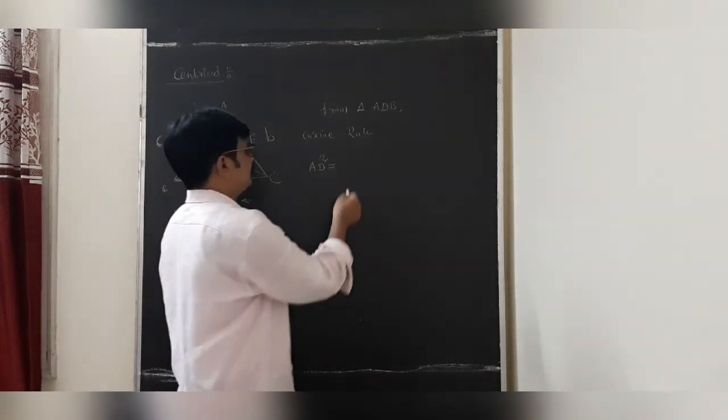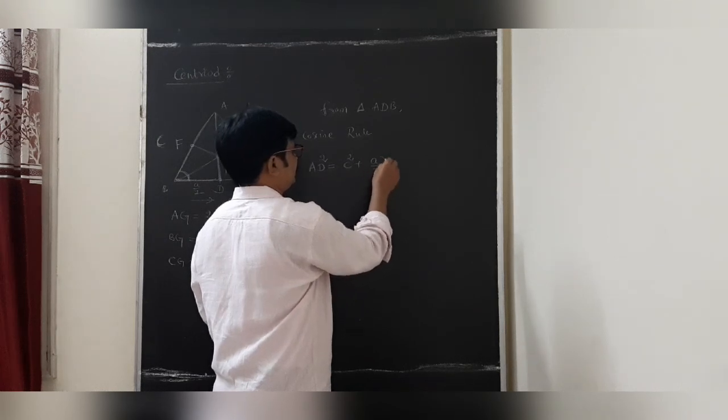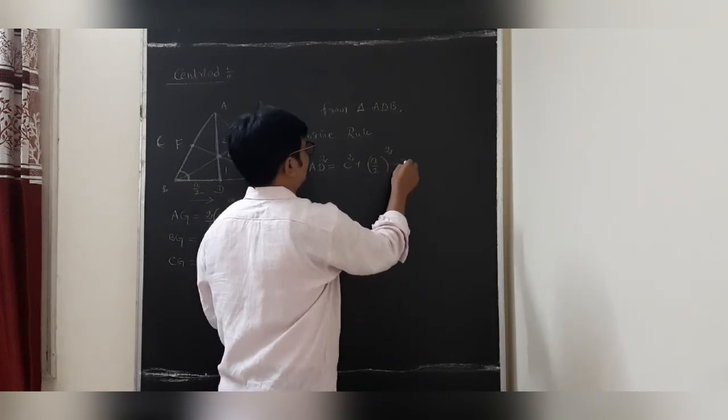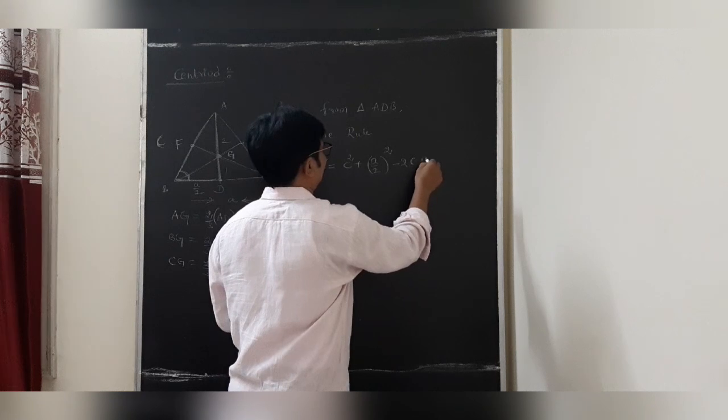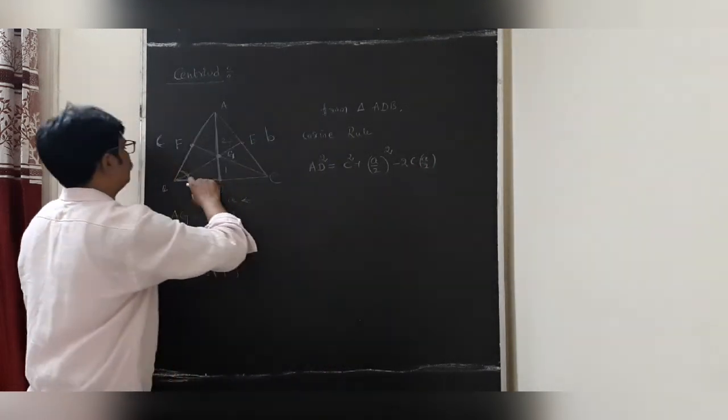Now student, this can be written as AD square equal to c square plus (a/2) whole square minus 2c into a/2. What is the angle between a/2 and c?